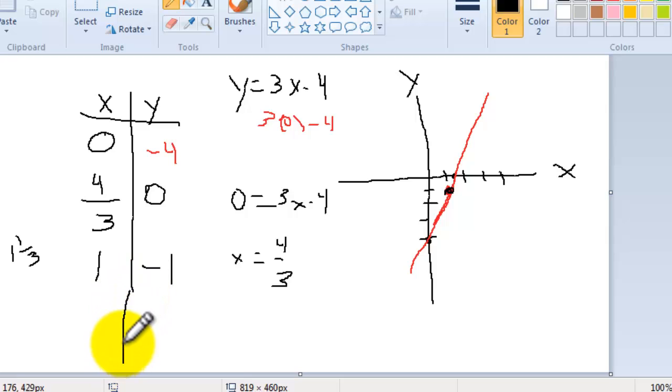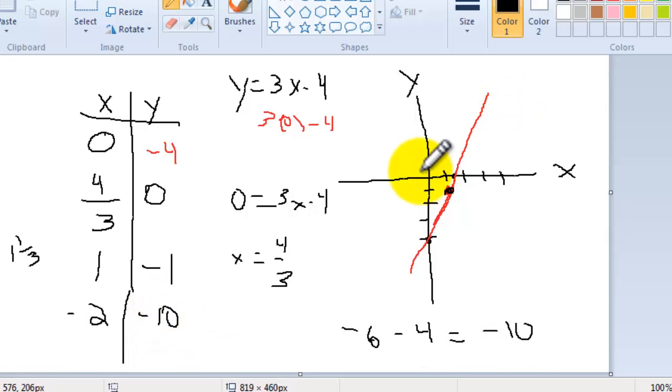And if we did something, let's plot -2. 3 times -2 is -6. Negative 6 minus 4 is negative 10. So y is negative 10. So if we did negative 2 as the x value, go down 10, that's quite a ways, but you're going to get a point on the line.